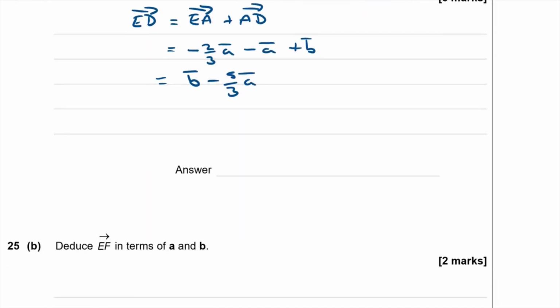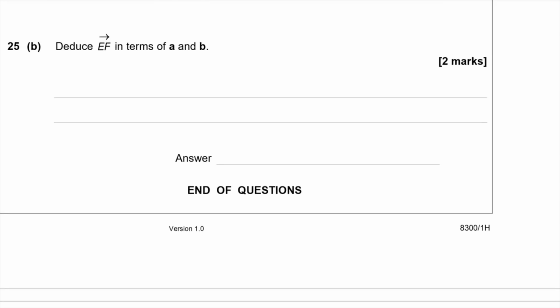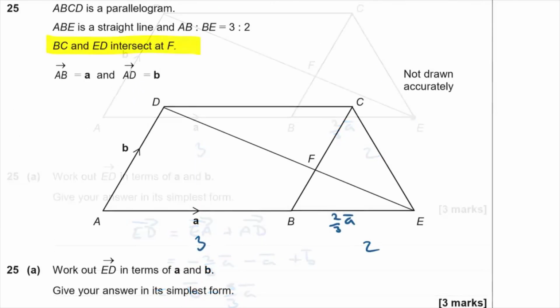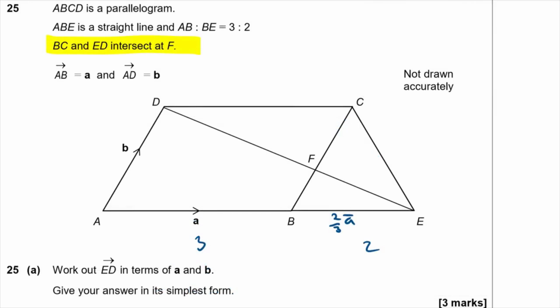Okay, let's go on to the next part then. Deduce E to F in terms of A and B. So where's E to F? Okay, now looking at this triangle here, we can see it is similar to this large triangle.